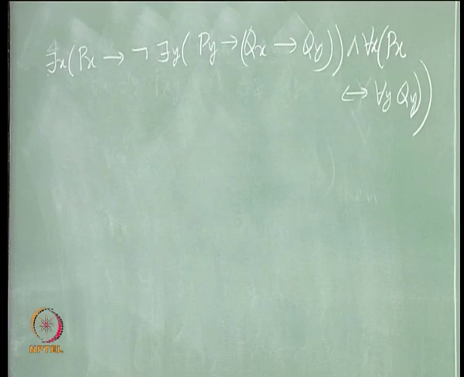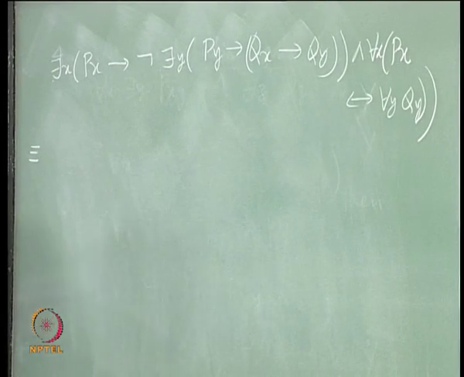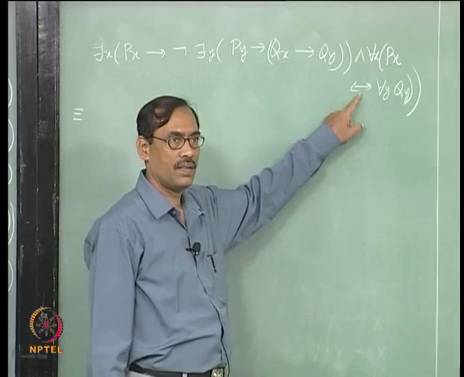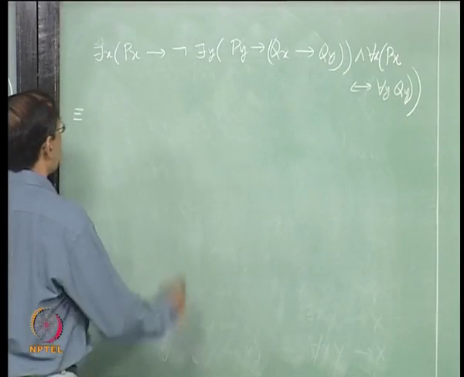Okay. So, just start with this. Then the first thing we have to do is eliminate the biconditional, since this can create problems in the rectification. So, first we have to do that.